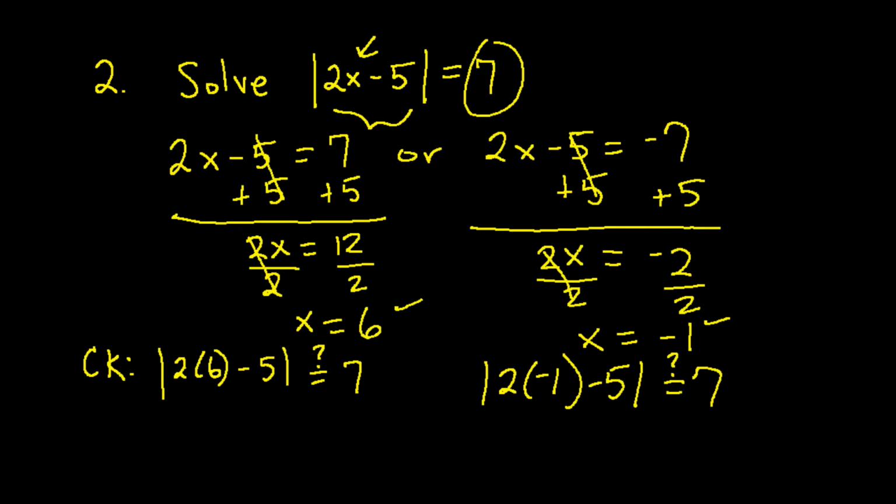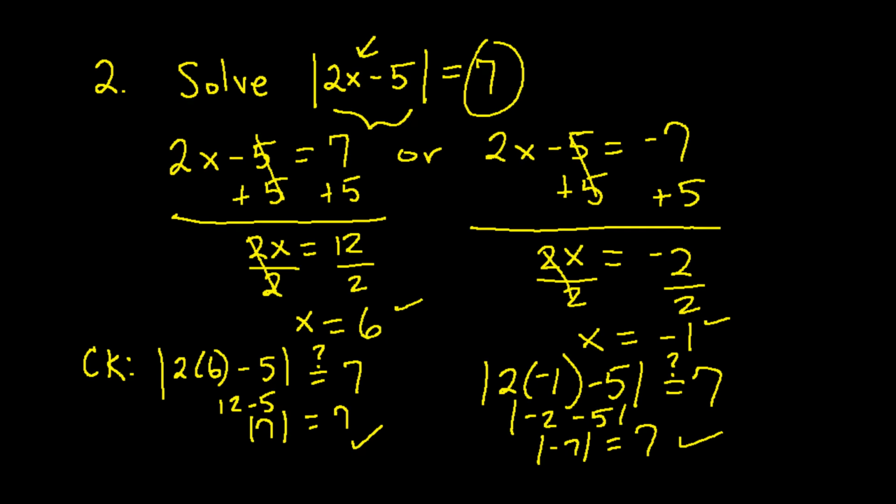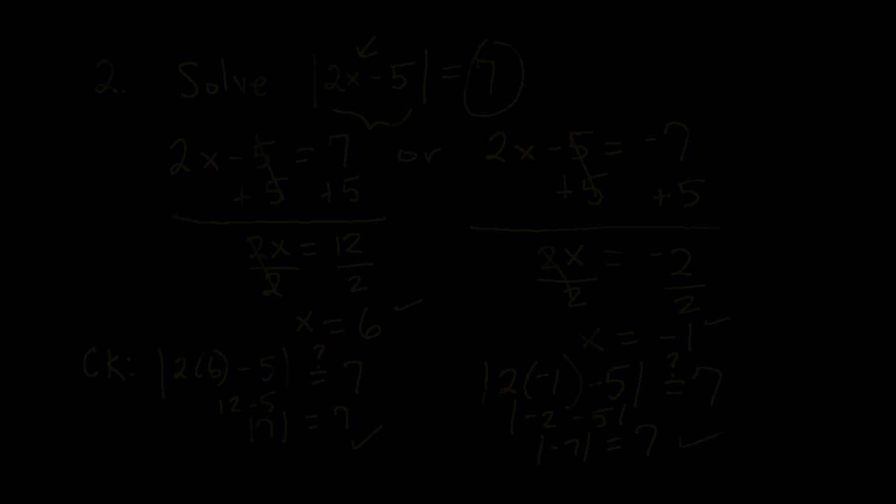So 2 times 6 is 12, minus 5, that's indeed 7, and the absolute value of 7 is 7. So this checks. 2 times -1 is -2, minus 5, which is -7, and the absolute value of -7 is also 7. So this one checks as well. So you have two solutions there, x equals 6 and x equals -1.